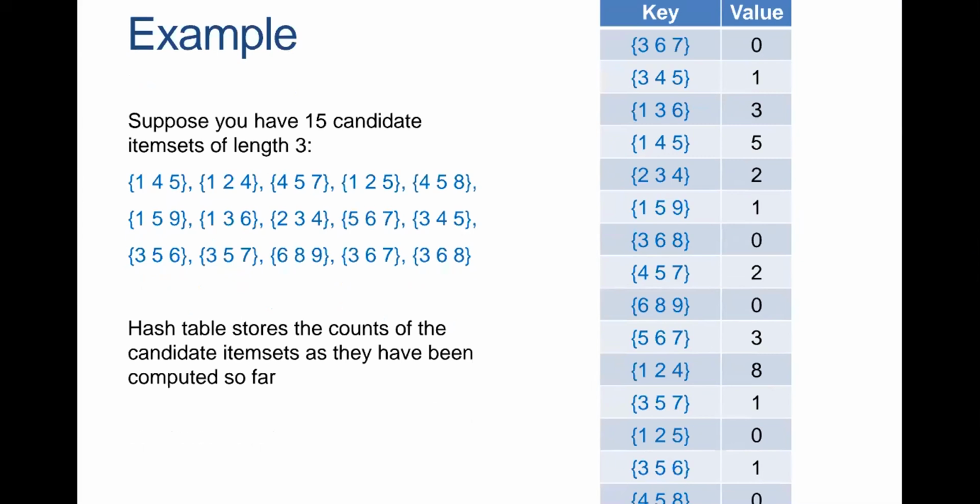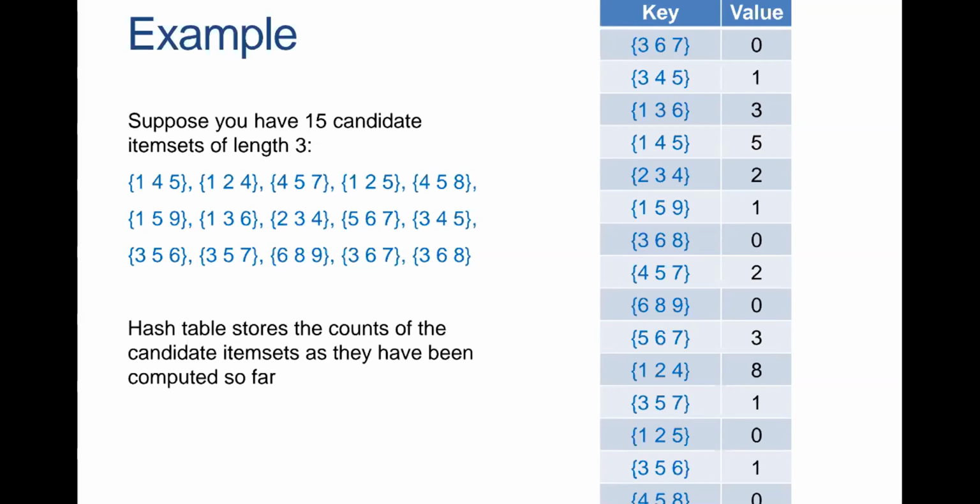The hash table stores the count of the candidate item sets computed, 145. That is, you represent how many times you get the 1. Here you see 1, 124, as well as 125, 159 and 136. Totally, how many times? The value is 5.